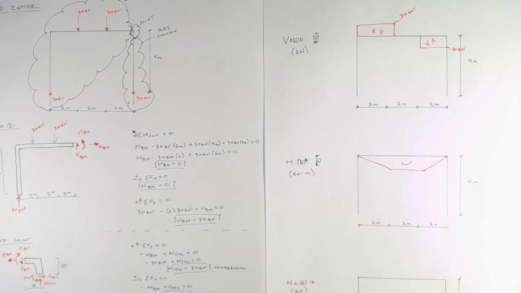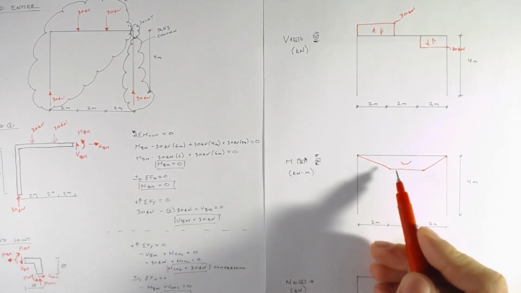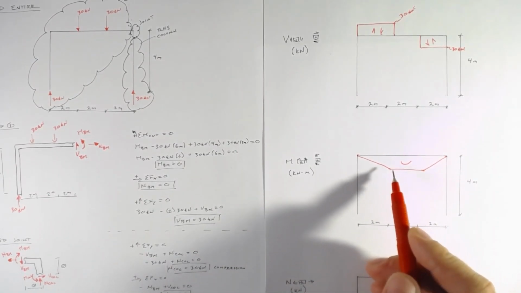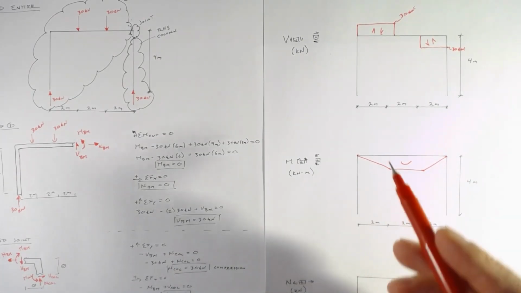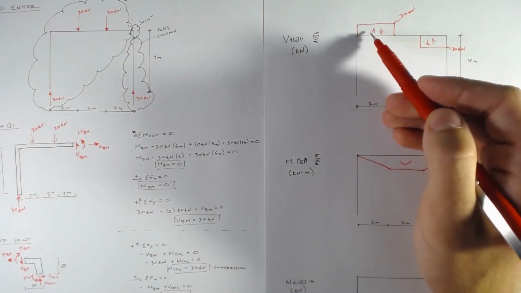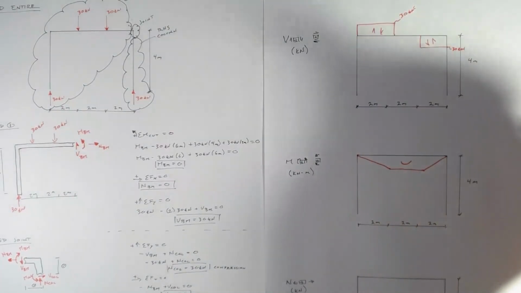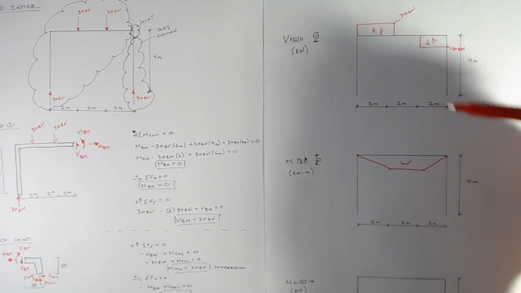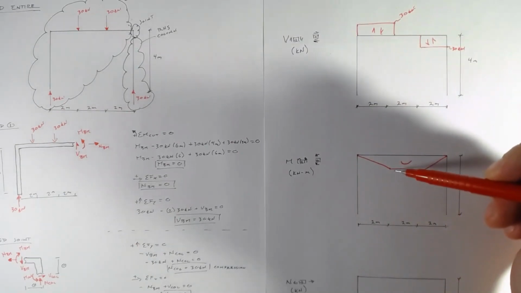The next thing we need to do for this moment diagram is find out what this value is. Well, the value here is simply going to be this area. If moment is essentially the integration of shear, we can take the area and find a value.